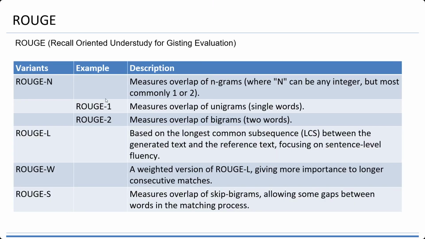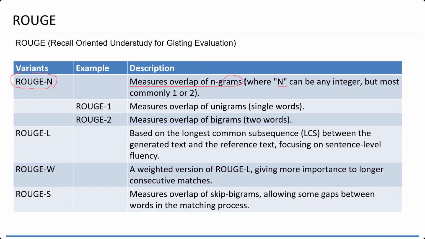ROUGE can be distinguished into some variants. For example, we have ROUGE-N. ROUGE-N is to indicate the n-gram, so we have the overlap of the n-grams.